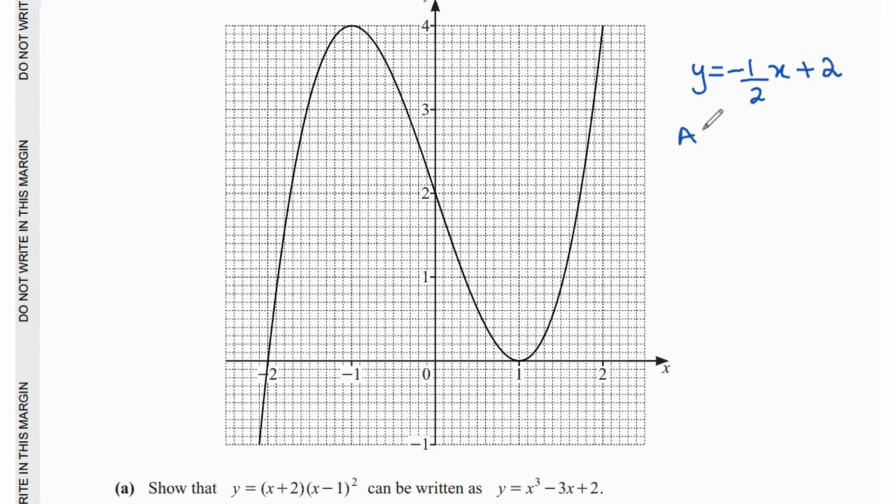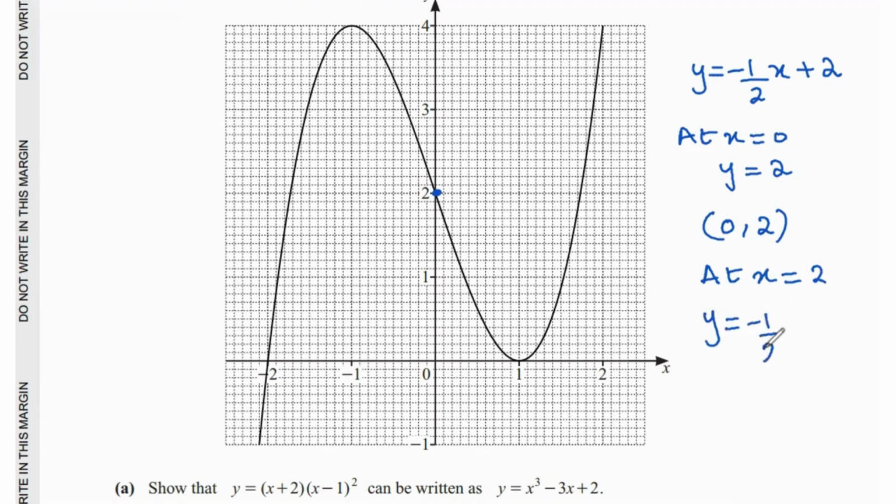Now at x equals 0, the y value will be 2 for this line. At this point, we have a coordinate of (0, 2), which is over here. Now, if we try to find the value at x equals 2, that's going to be y equals negative 1 over 2 times 2 plus 2.